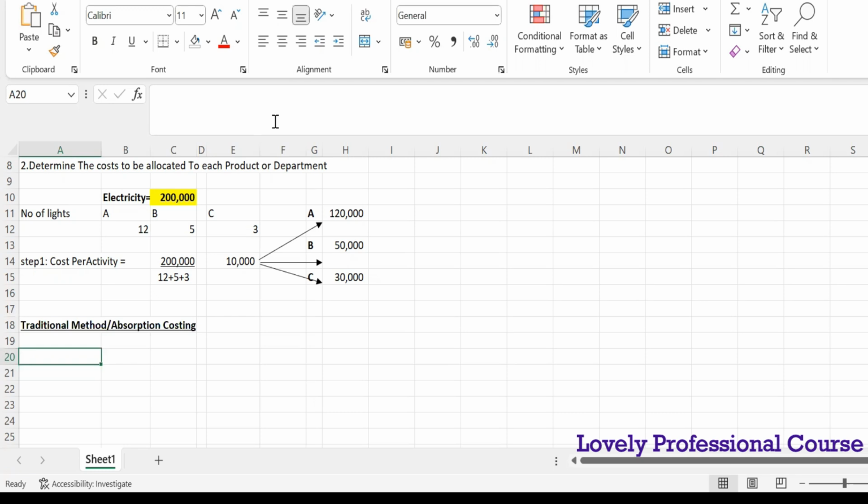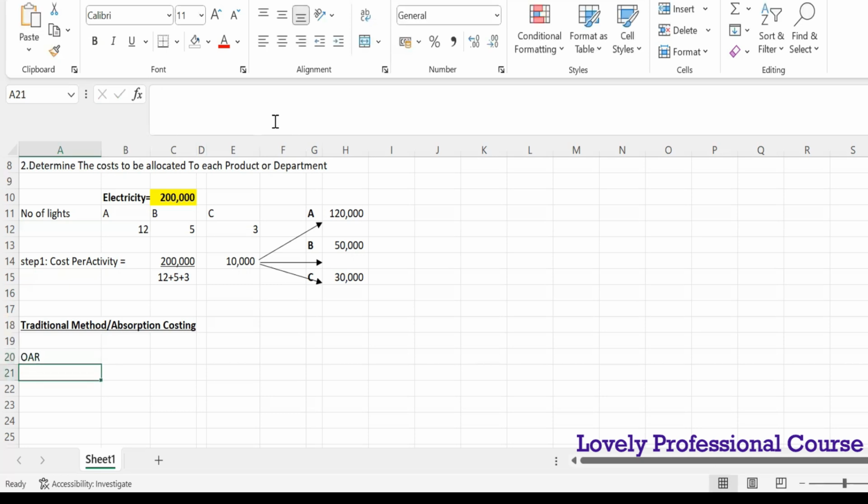Traditionally we assume that before the Industrial Revolution there was no modernization, there were no machines used in production. The production was mostly done by labor, so labor was the main factor influencing our overheads. So here in the traditional method, we first determine the overhead absorption rate, or OAR.